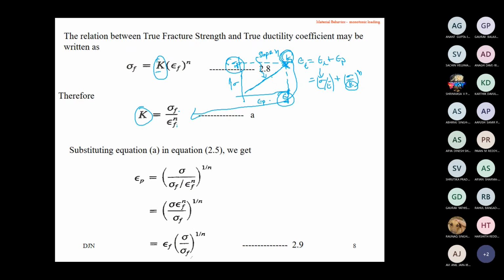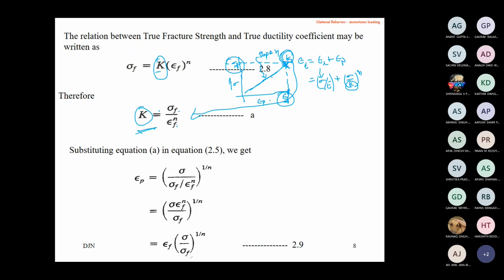We can determine the true fracture stress. Corresponding total deformation or elongation of the bar at the fracture, we can determine the epsilon F straightforwardly. So therefore, strength coefficient K can be calculated in this particular fashion from the experiments.